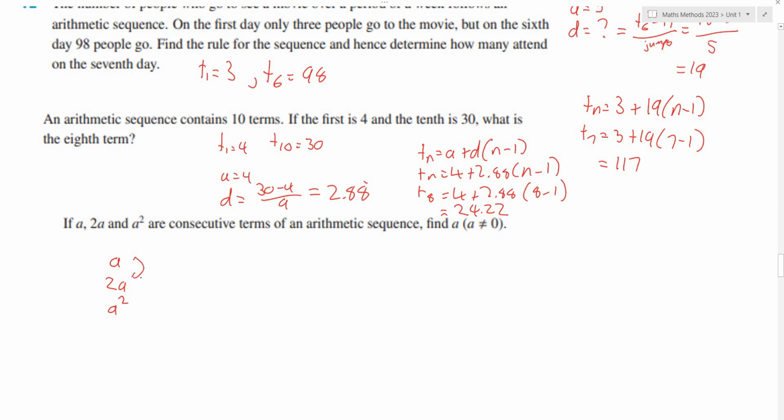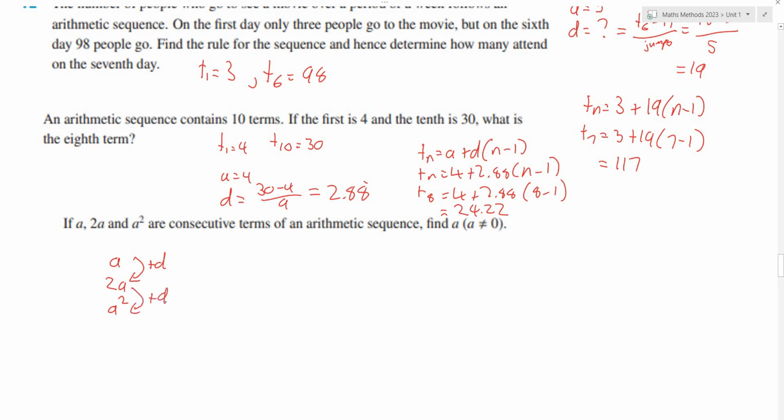To get from A to 2A, what did I do? I added D, my common difference. What does my common difference have to be, though? Has to be A, because I went from A to 2A.